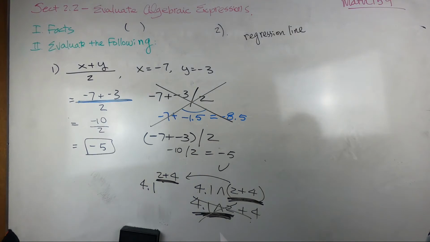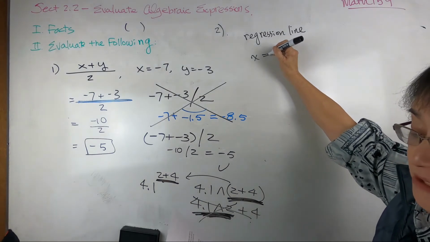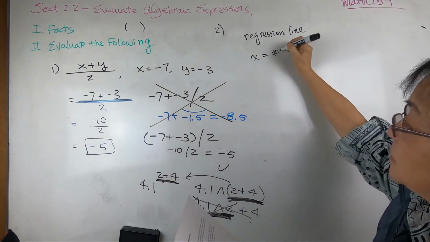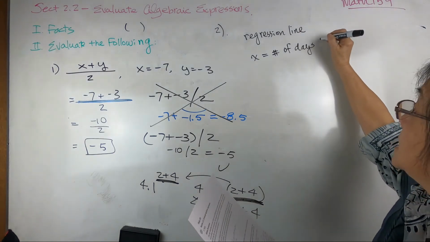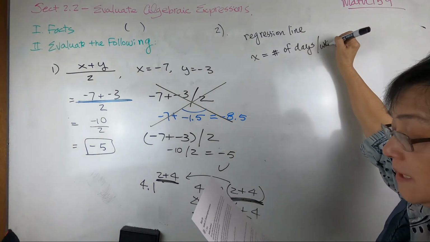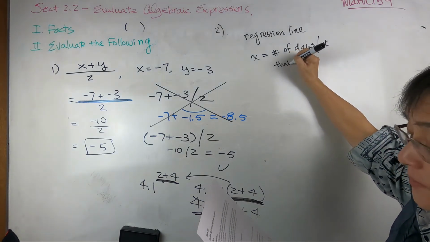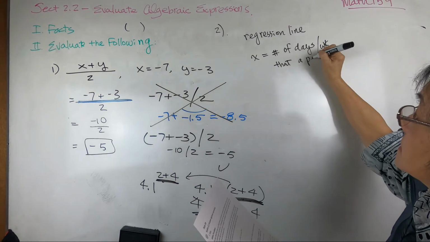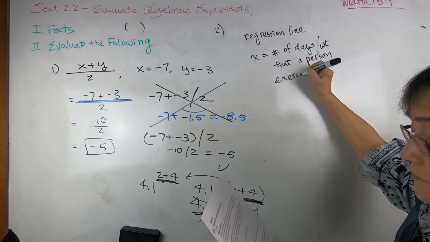But for the number of days a week, x, at least you see it is the number of days per week a person exercises.